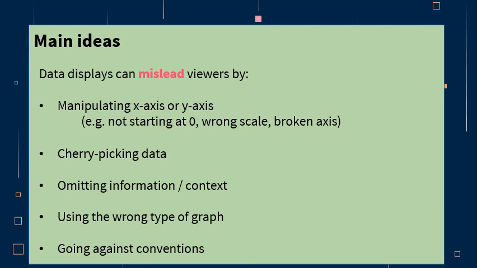Like for example, there was just a recession, or there are actual things you need to know about global ocean temperatures, and how it's measured. Using the wrong type of graph, so using a pie graph instead of a line graph or a column graph where you should. And going against conventions, so tricking people by using certain colors or certain conventions to make them think the opposite of what is actually happening.